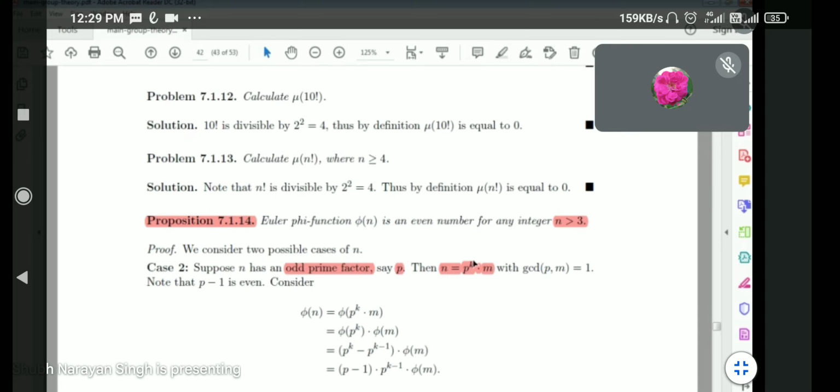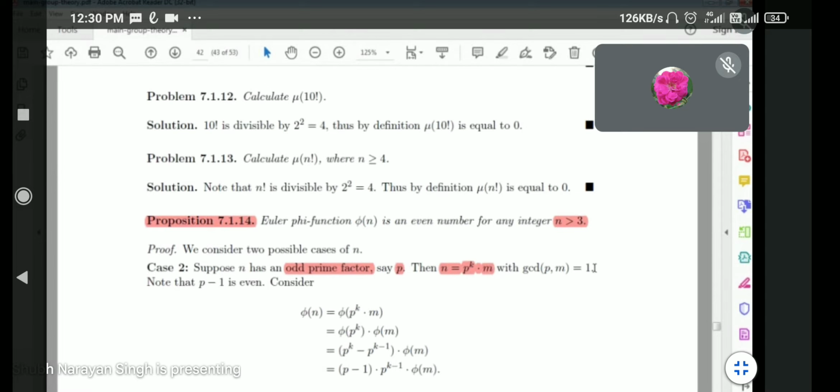Whatever n is doesn't matter, only that n has an odd prime factor. Then I collect all the powers of that prime factor p and write n equal to p power k into m. Because we are collecting all the factors of p in n into a group p power k, GCD of p and m equals 1, so m doesn't have any prime factor p.